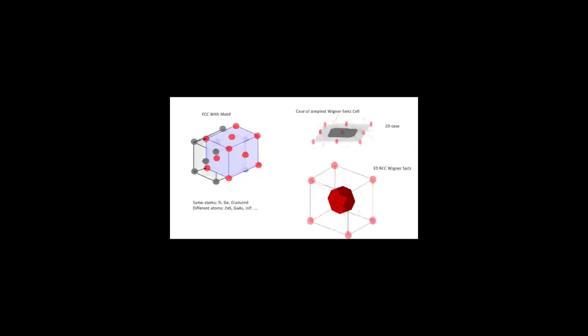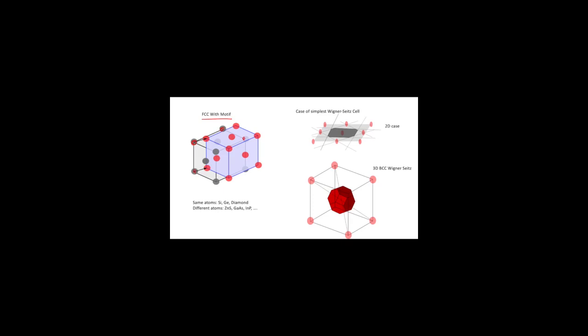Another very common close packed structure is an FCC with a motif. This is an important structure which is called the zinc blende, because a lot of semiconductors crystallize in this form. So basically I have an FCC, the gray ones are the FCC that we saw before, and we have another red one kept with an offset.